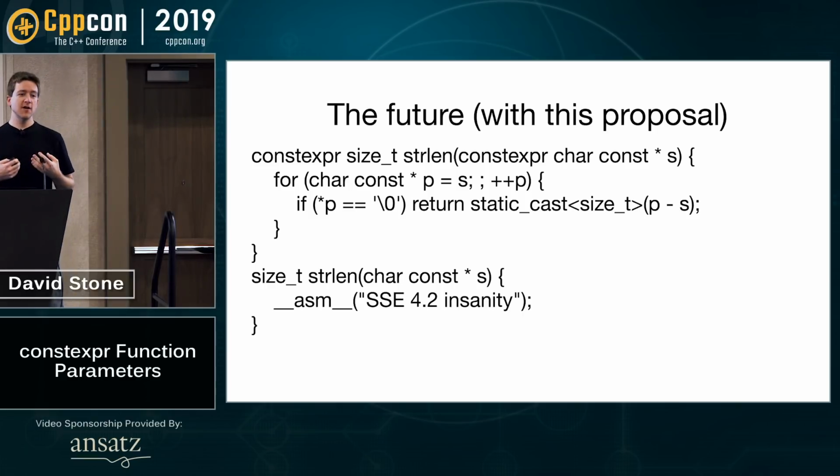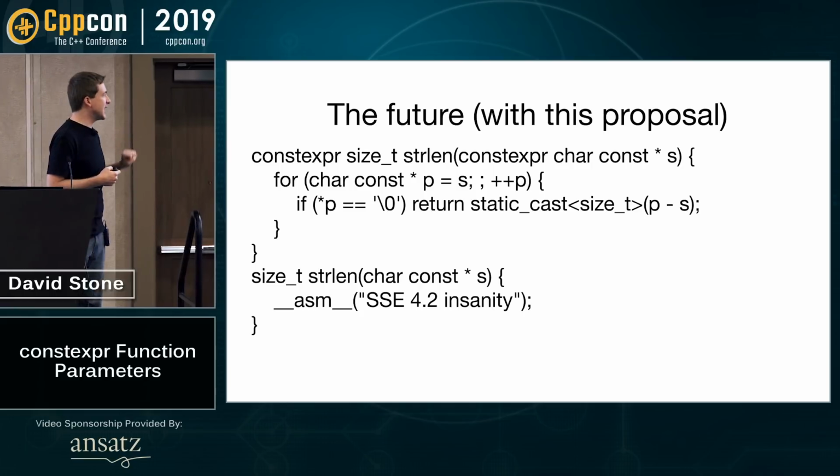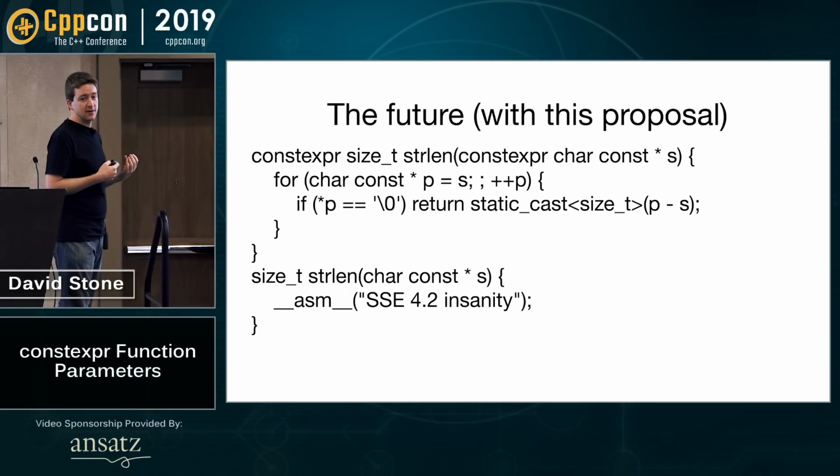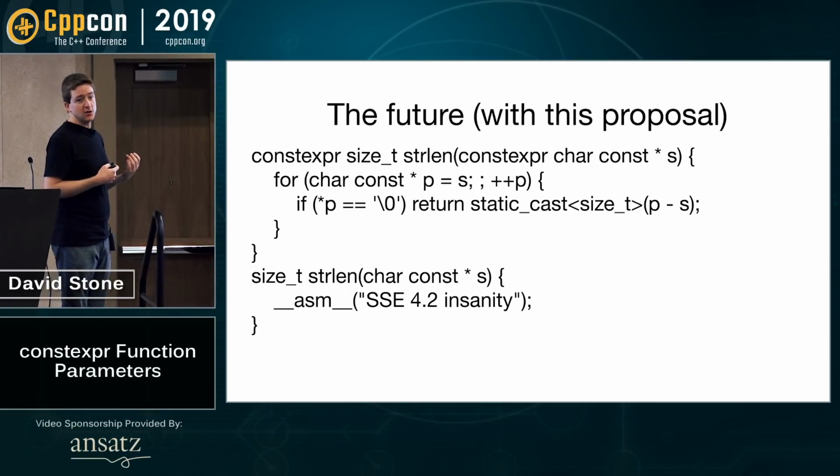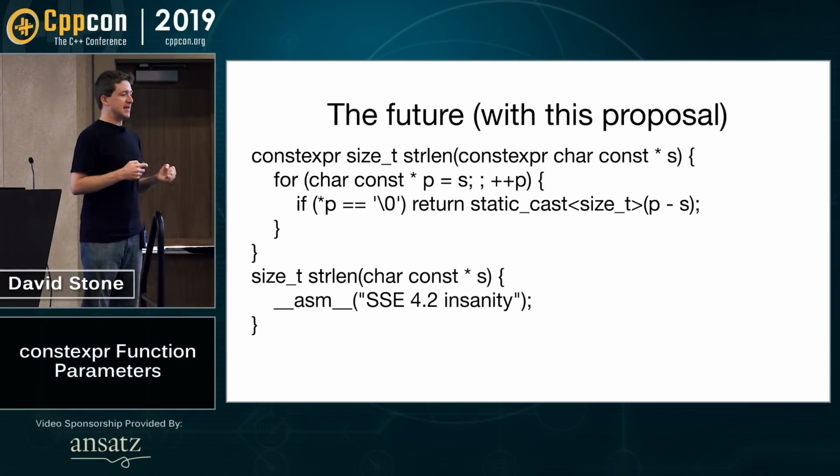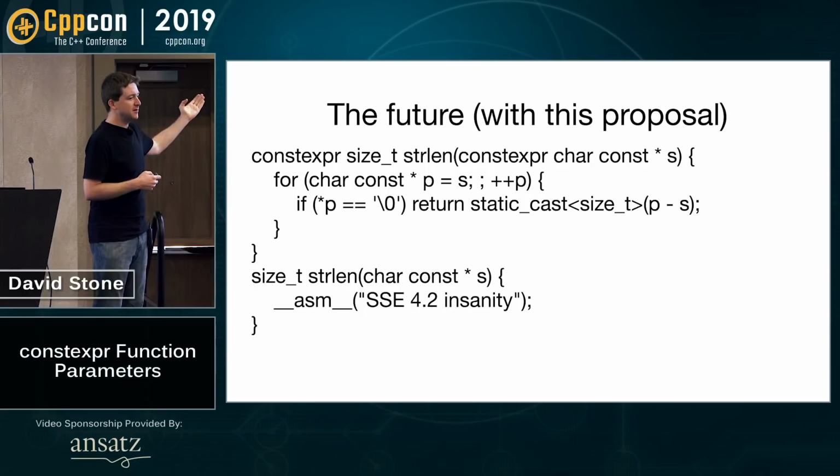If you're not lucky enough to have a function like this that the compiler cares about, then you can't do this. You have to say, I'm going to write constexpr strlen, which does the top, but is slow at runtime if the compiler doesn't realize that it can turn it into the bottom at runtime.